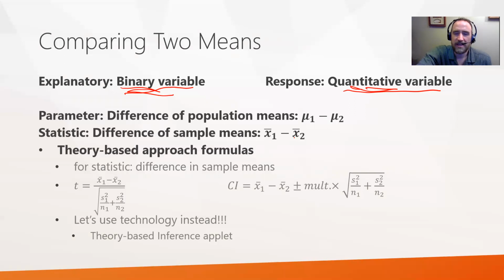It's what we see in the sample. Instead of the mean of the population, we have the mean of the sample. So x bar 1 minus x bar 2. For the theory-based approach, for our statistic of a difference in sample means, we can look at a standardized statistic, we call it a t, and this formula is really the same as we've had all along for standardized statistics.